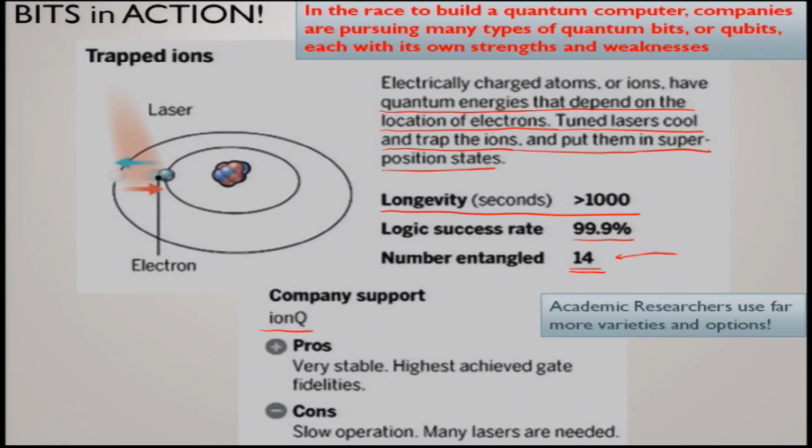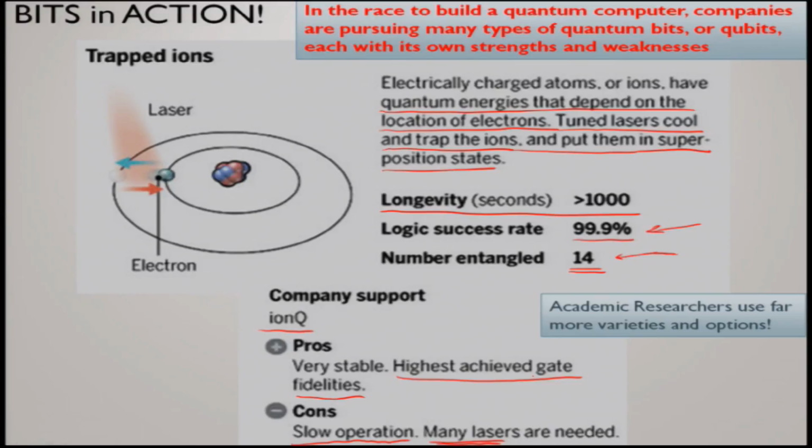We already know that academic researchers use far more varieties and options, but as far as companies are concerned for commercialization, they would be taking approaches where the principles can be scaled. And so, that way ion trap has a huge benefit in terms of the number of entangled qubits is quite high in this case. The advantages are clear, they are very stable, and it also has the highest achieved gate fidelities, 99.9%. However, on the other hand, it actually has a fairly slow operational procedure, and as I mentioned in the beginning here, that there are many lasers that are essentially needed for this particular concept of ion trap based quantum computing to be successful.